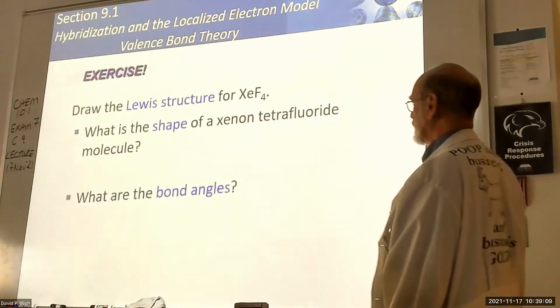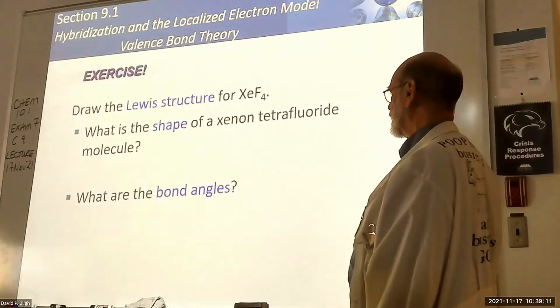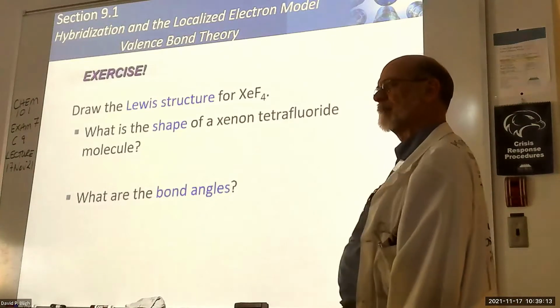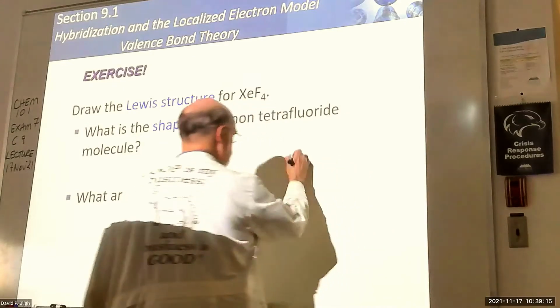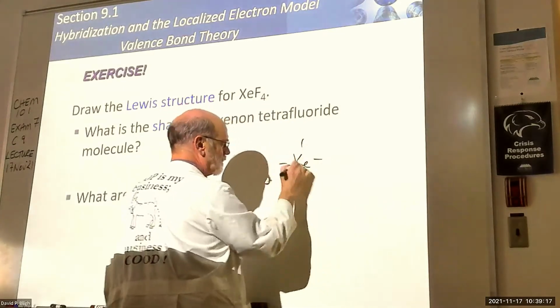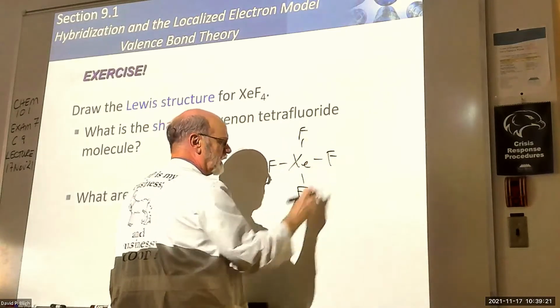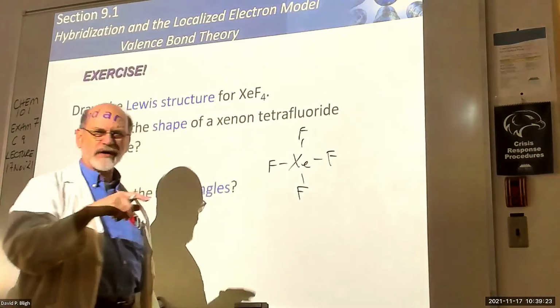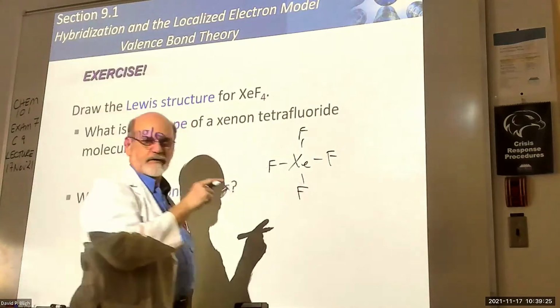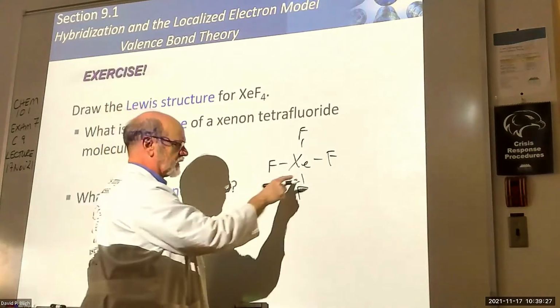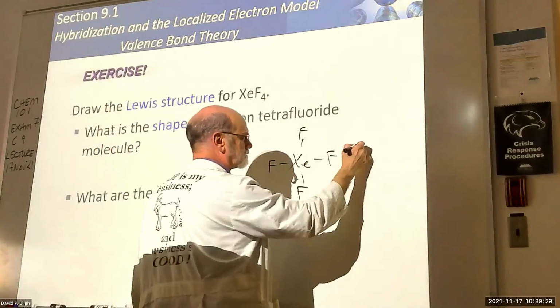Okay, how about xenon tetrafluoride? What's the shape of that molecule? Well, let's see. Xenon, fluorine, fluorine, fluorine, fluorine. 4 times 7 is 28 plus 8, 36.